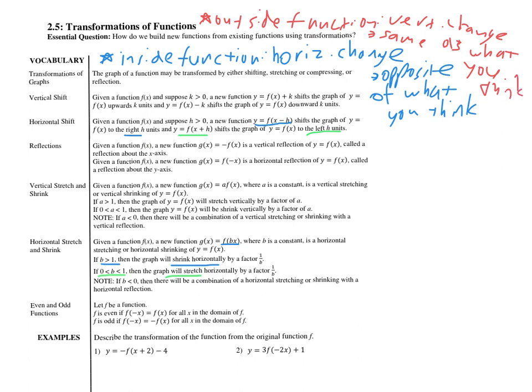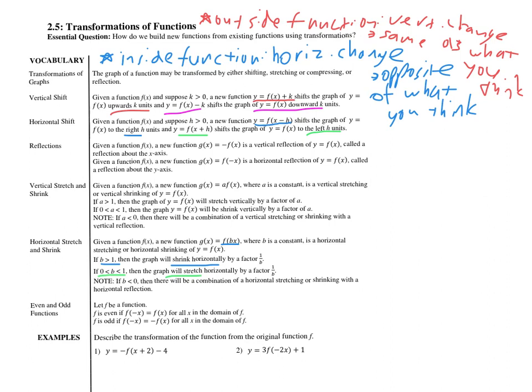If we have a number adding outside of the function, like that k right there, you would think that if it's vertical change, adding is going to move it up, and it does. So once again, this one is the logical one; it's the inside that's illogical. We have f of x minus k. You would think that moves it down, and it does. It moves it downward k units.